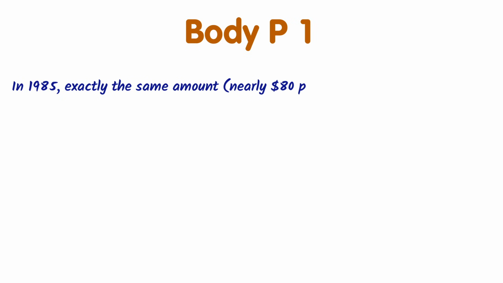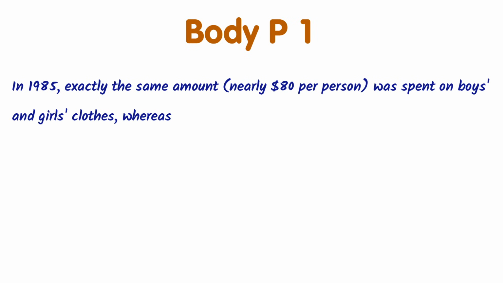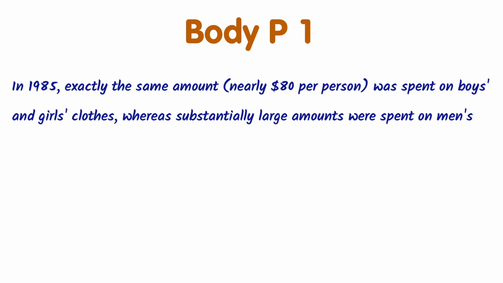Nearly $80 per person was spent on boys and girls' clothes, whereas, because now I'm going to talk about something quite different, so I use whereas, substantially, it's a good word here, substantially large amounts were spent on men's, again, the amount should be written in parentheses here, $300, and women's clothing, $500. That's it. We talked about 1985.